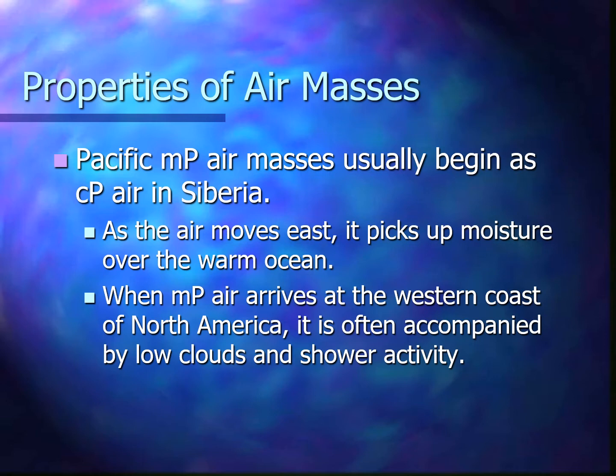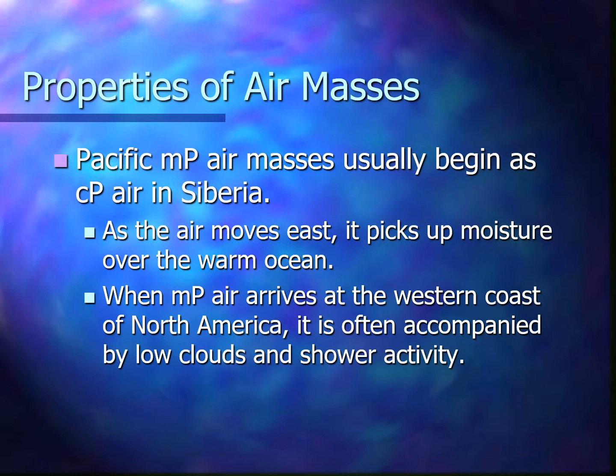So maritime polar air that forms over the Pacific Ocean actually usually begins over in Siberia, so over top of the Eurasian continent, and it's going to begin as continental polar air. So it starts in Siberia, cold, dry air, but it's moving east.